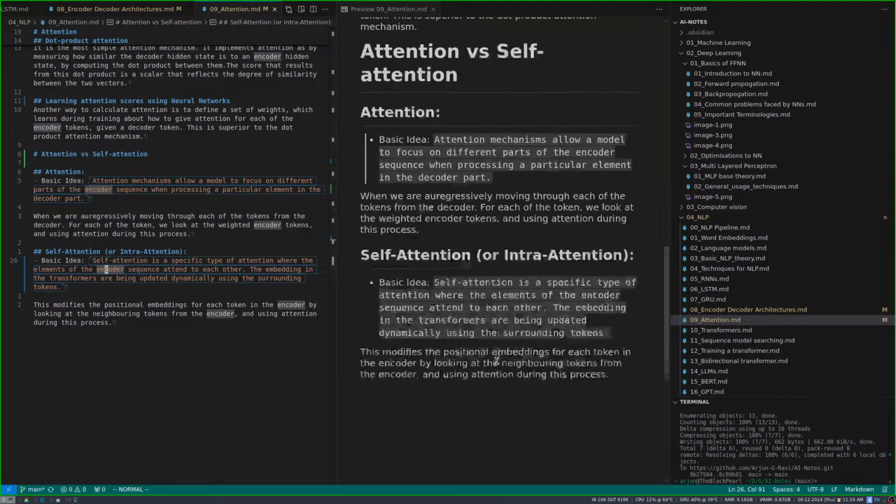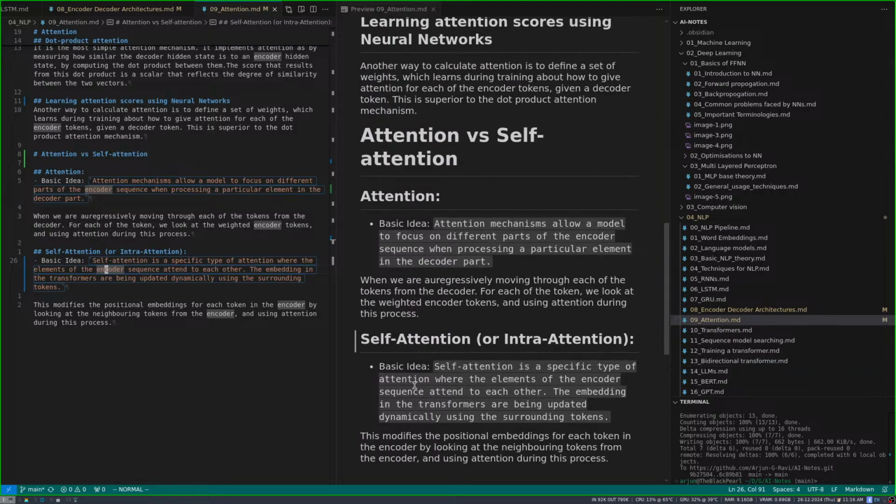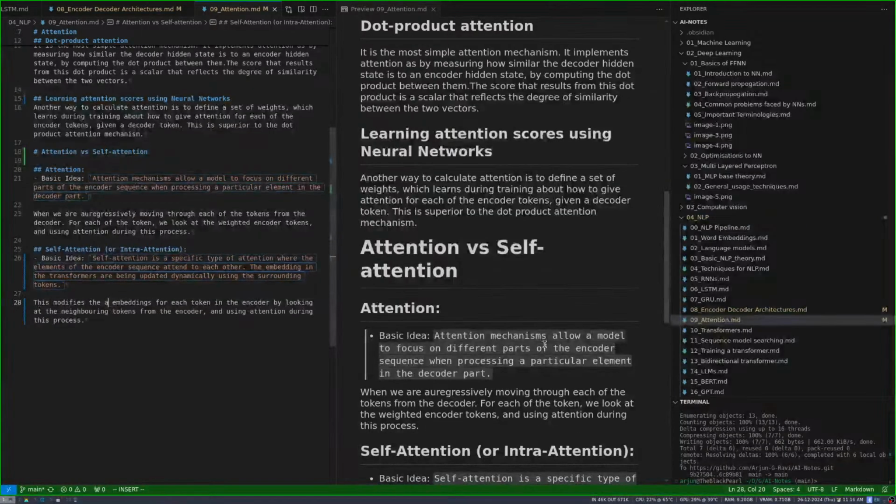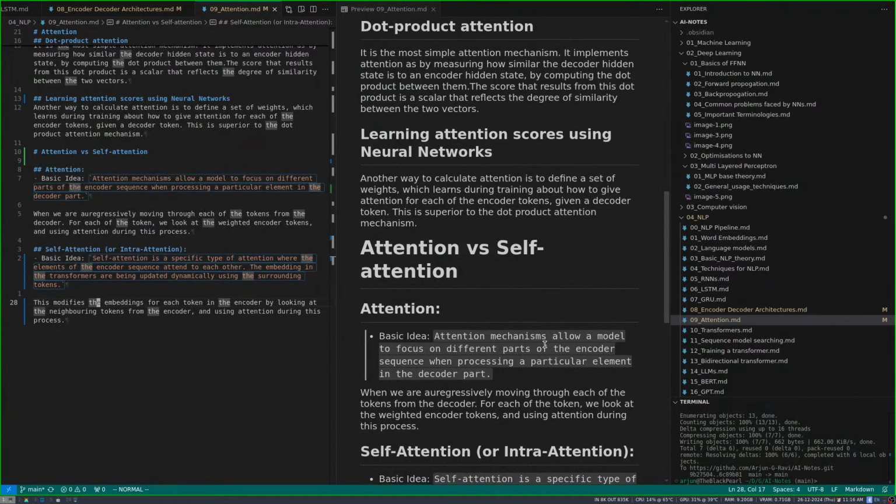Self-attention is used to update the embedding.